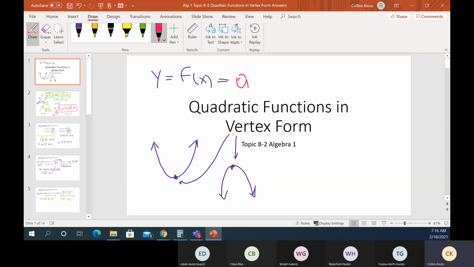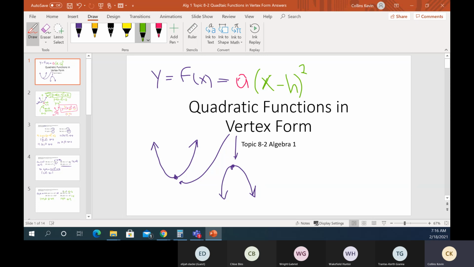Then you have an x squared term, but it could have something with it. It could just be x squared, right? But if we shift left or right, then we subtract off some x value, and that x value is part of the vertex.